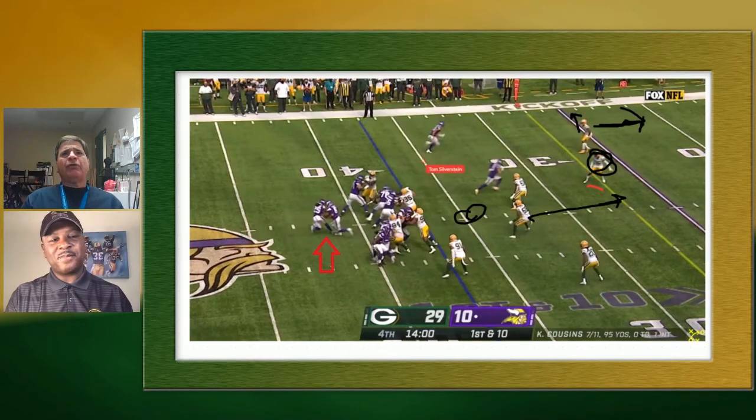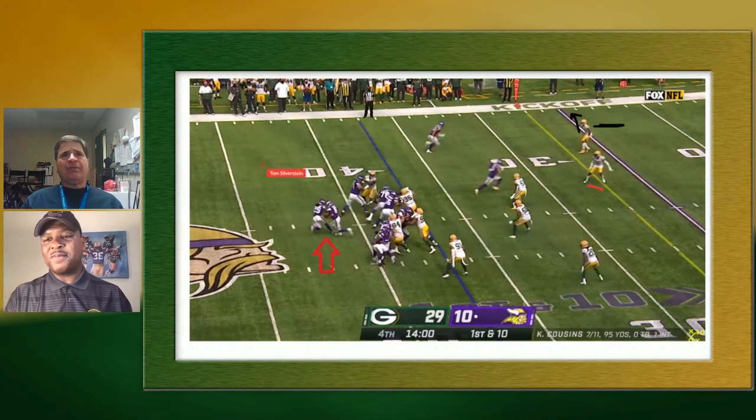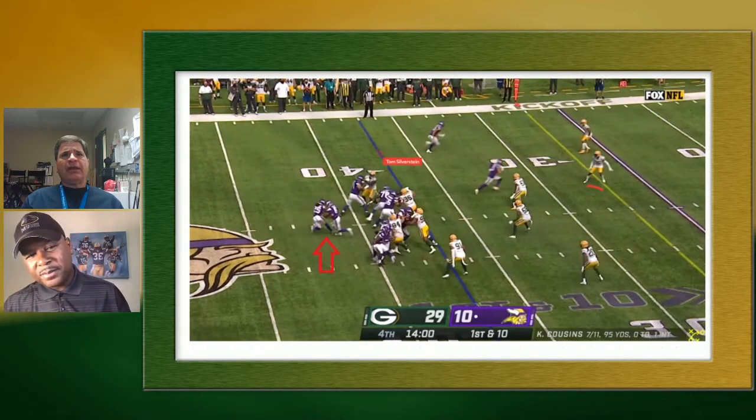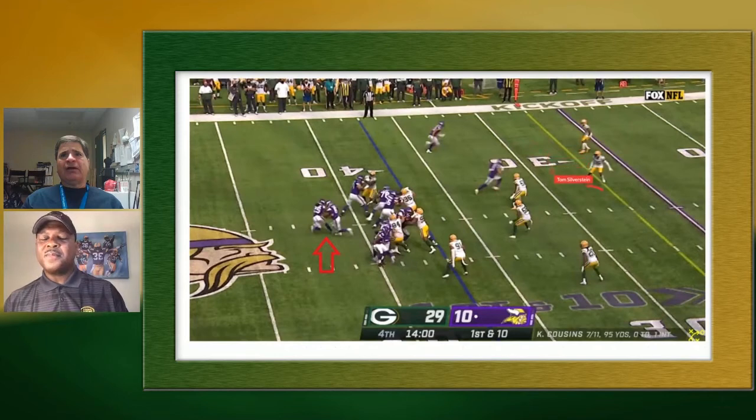Okay. So now you mentioned, I talked to Jaire Gray. I asked him about this play. He said that the way they had scouted this play, when the Vikings were in this formation and running this play, generally this receiver ran what's called a dig route, which is an in route. Yeah. And then Thielen would run the post behind that. A post or a post corner? Post corner.